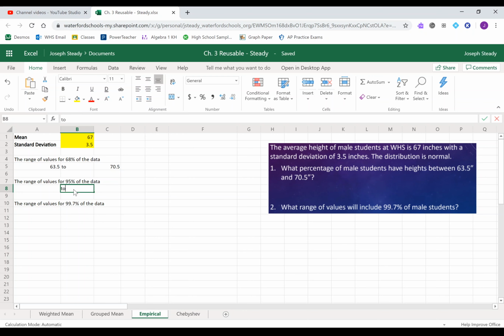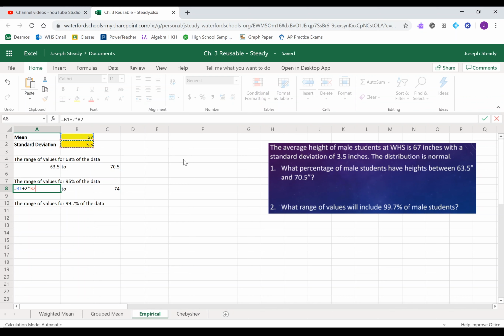So for 95%, this is again going to be a very similar calculation, but this time it is plus 2 standard deviations and then minus 2 standard deviations. So we'll do equals, click on the mean, plus 2 times the standard deviation. Hit enter.